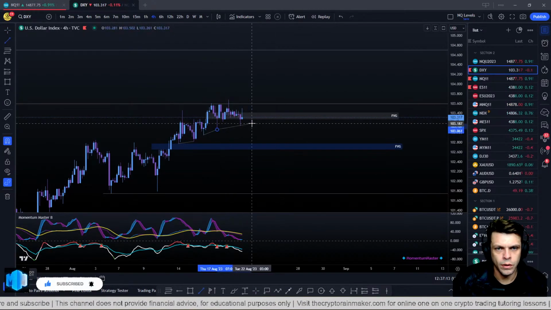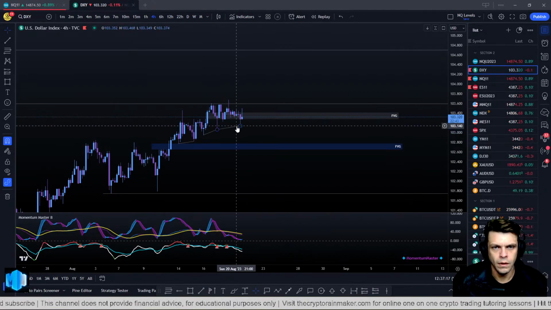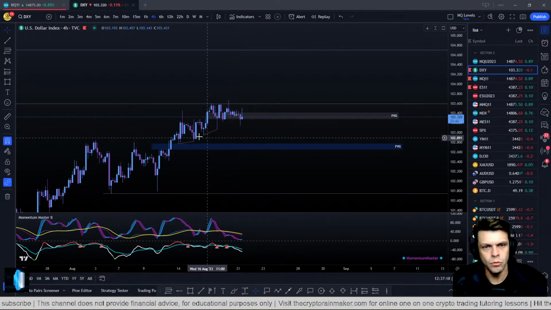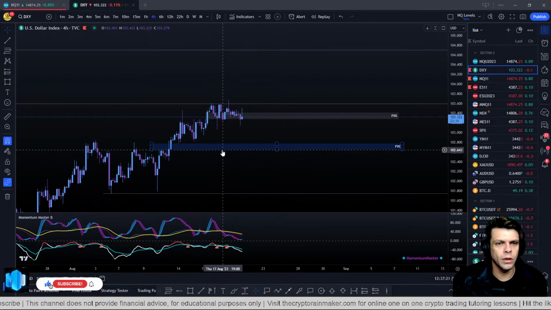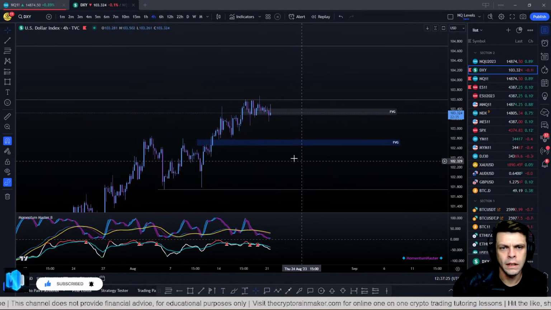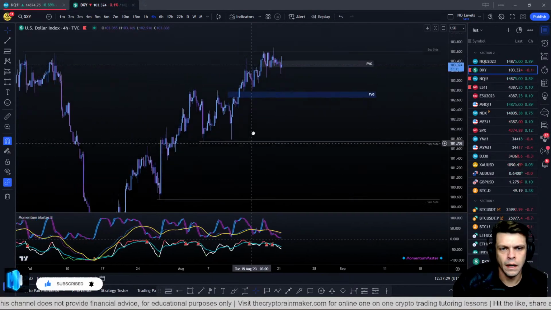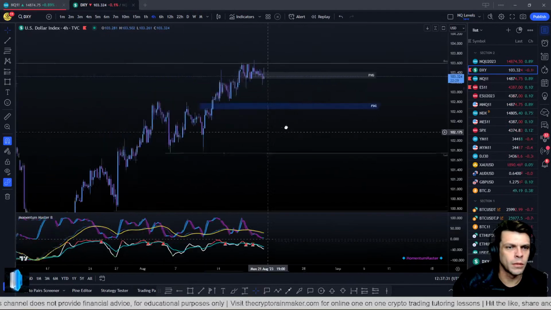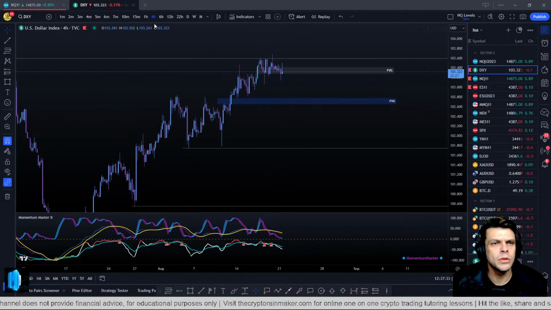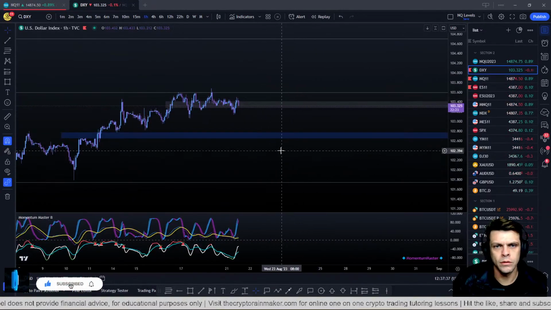And we also have it right here. So to me, it seems there's a bunch of sell side liquidity that they can go and attack on the dollar. And then we also have this daily fair value gap right here and these relative equal lows. So to me, it seems that the draw on liquidity for the dollar is to the downside.